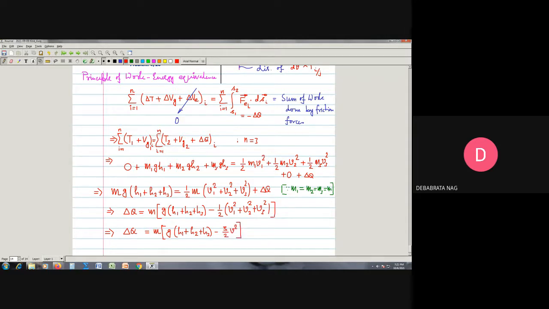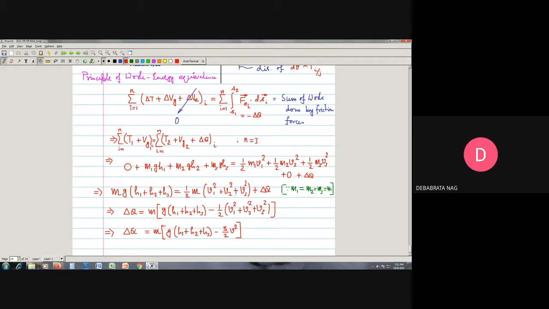Here we need to understand that the velocities V1, V2, V3 at the second position, at position number 2, are going to be all equal. Actually, we should have put the subscripts here for 2, 2, 2.